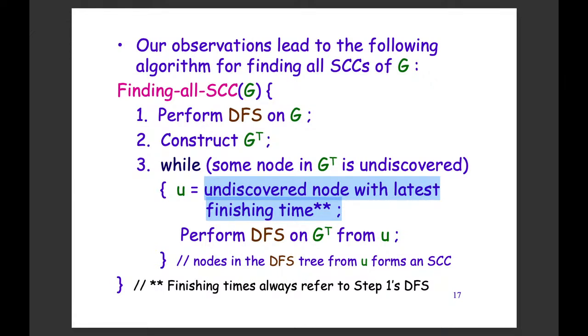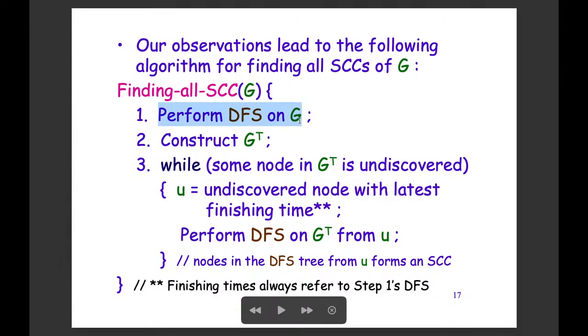What we are going to do here is we can maintain a list of nodes after performing DFS on G. We can maintain a list of nodes ordered according to the finishing time in decreasing order. And now we can also maintain a list of whether a node is discovered during the DFS of GT.